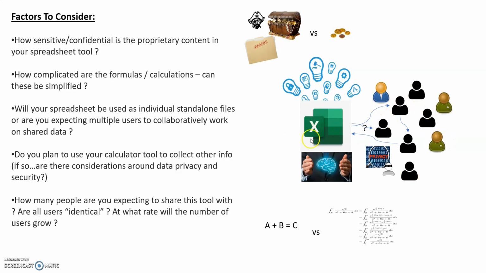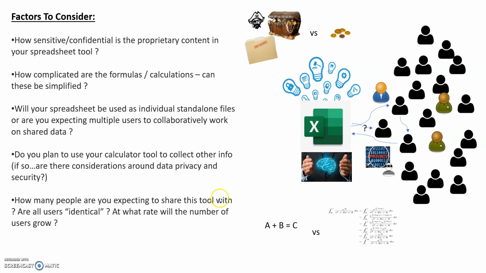So you might be talking about more than one spreadsheet tool in that case. And you know, how fast will that user base grow? Because the way that you start disseminating activation keys and passwords may be impacted by the number of users that you expect. And ultimately, the most important question at the end, what can you afford?